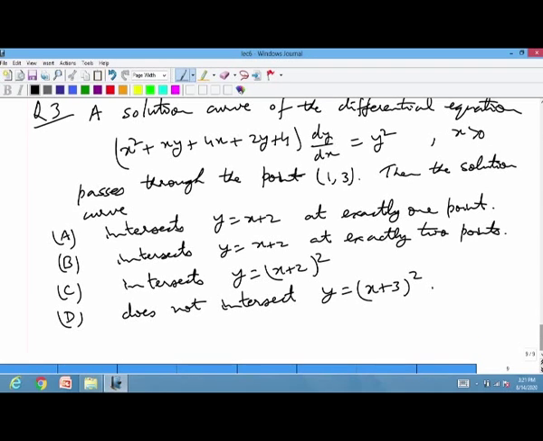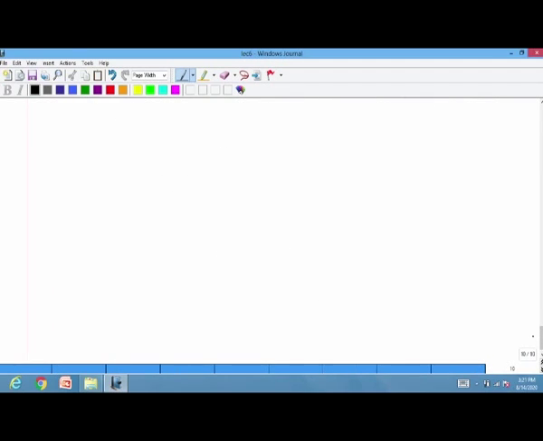So, first we have to solve this differential equation. So, we are given that dy/dx equal to y square by (x square plus xy plus 4x plus 2y plus 4).